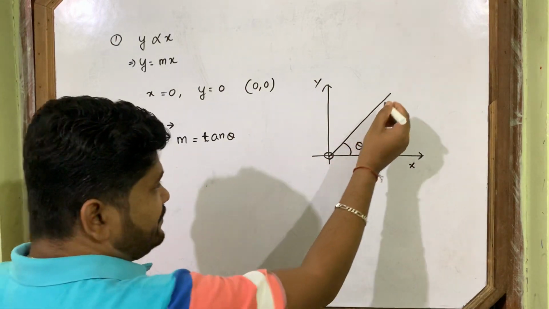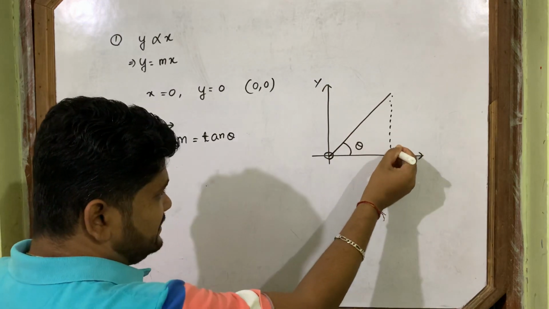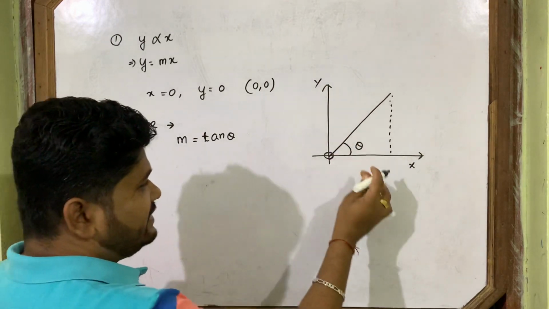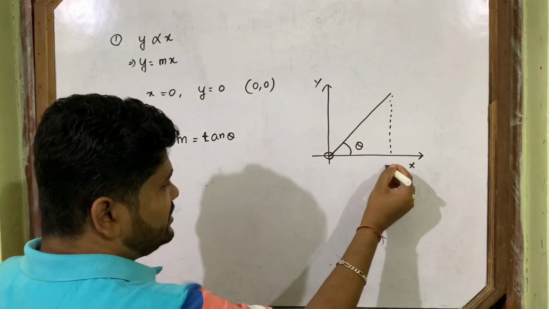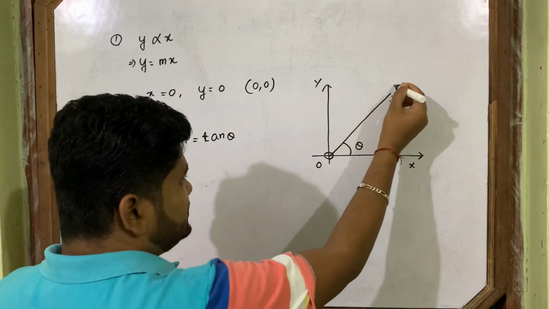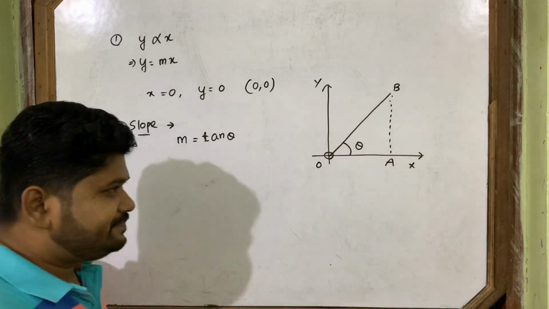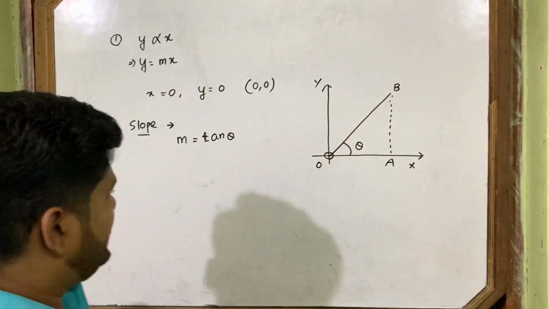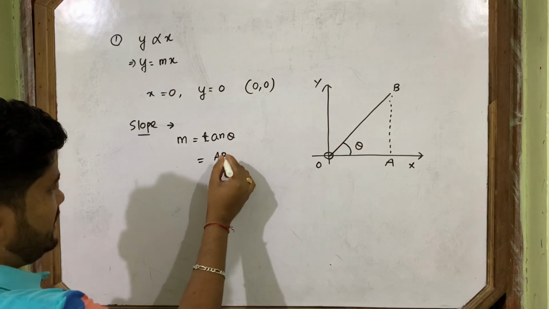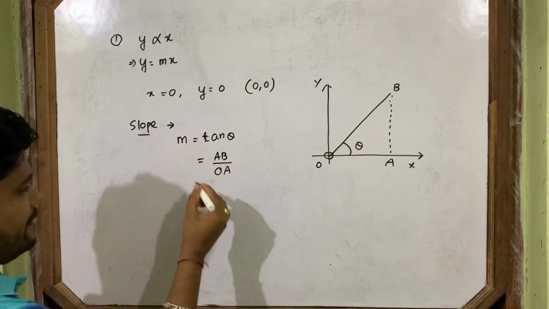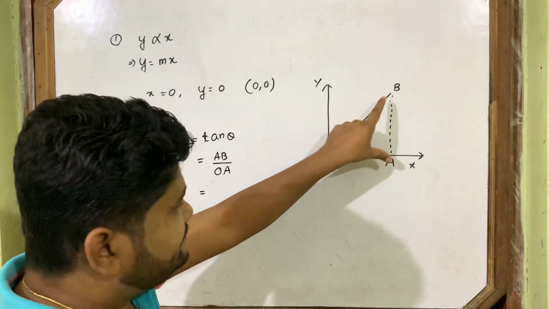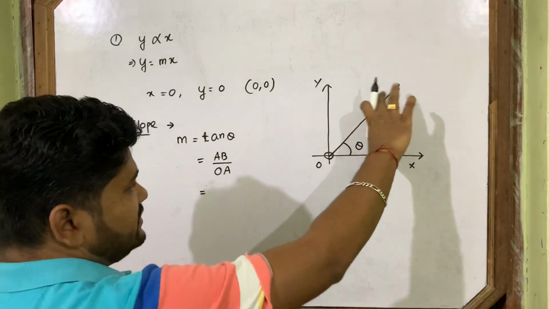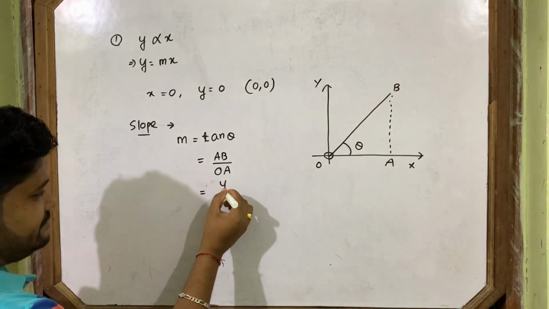And if from this triangle I find tan theta, suppose this is O, this is triangle OAB. Then tan theta is nothing but AB by OA. But what is AB? AB is equal to y, some value of y.